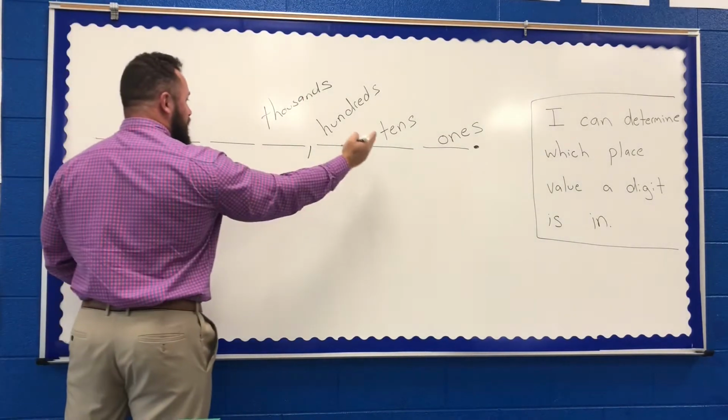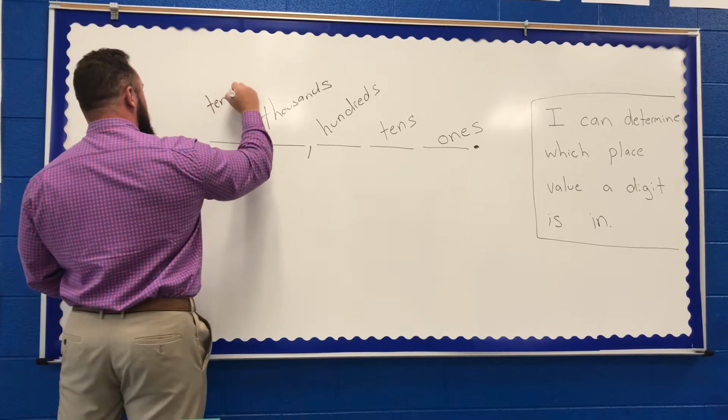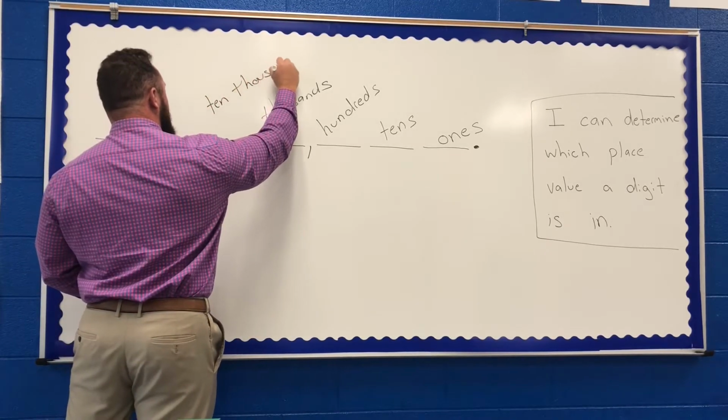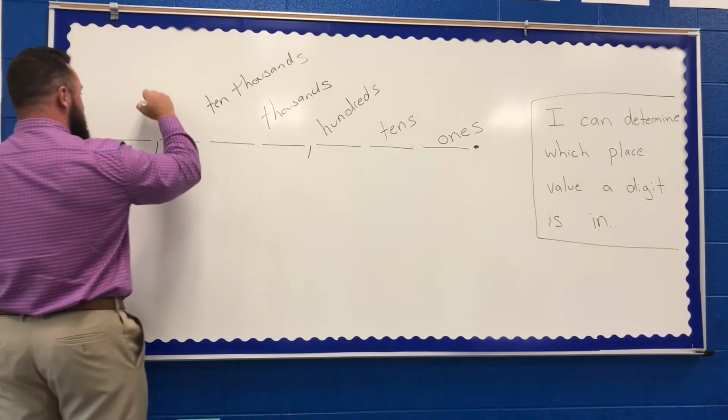And then it just repeats. Ones, tens, hundreds, thousands, 10,000s, next would be hundreds, thousands.